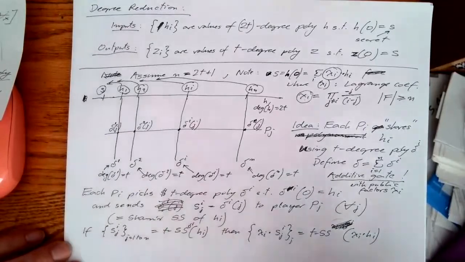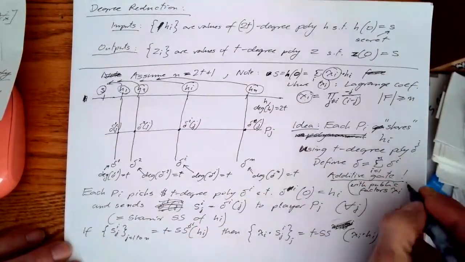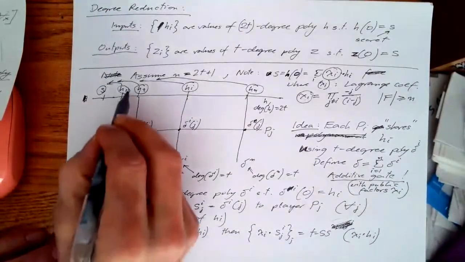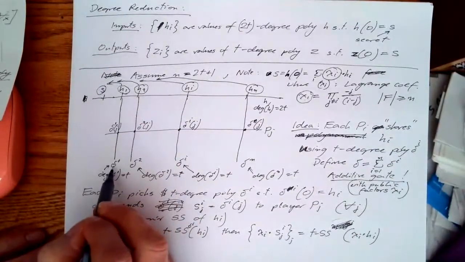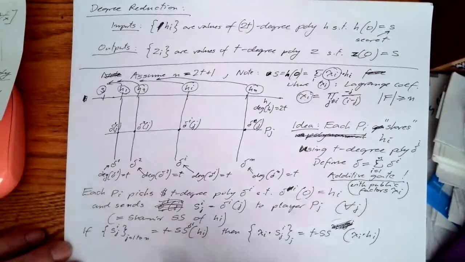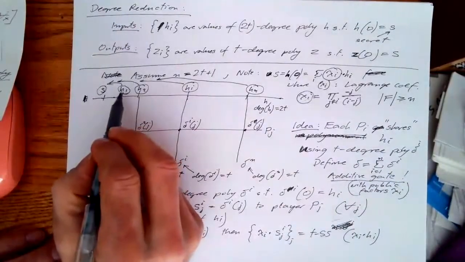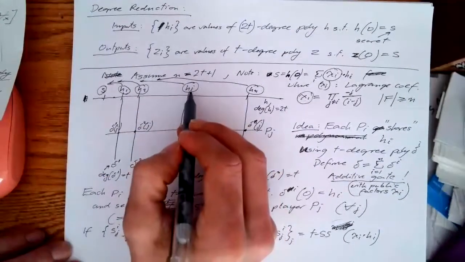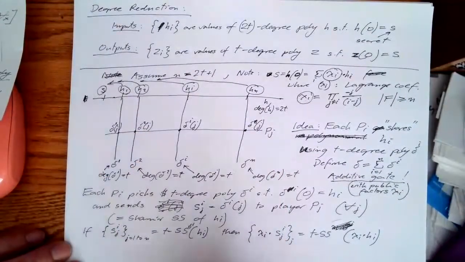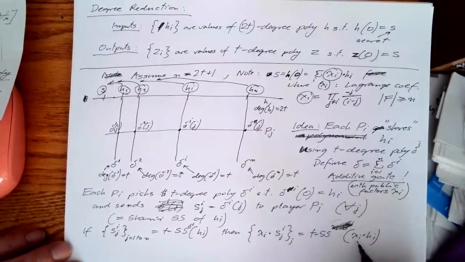So now, therefore, these public factors are not important, because given the share of delta I, everybody can locally compute the sharing of HI times a public factor, lambda I.